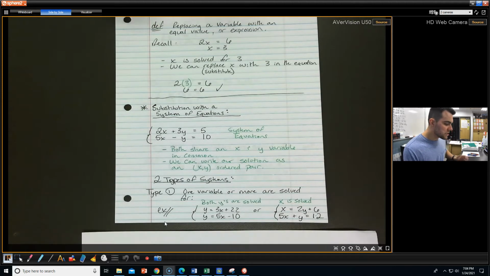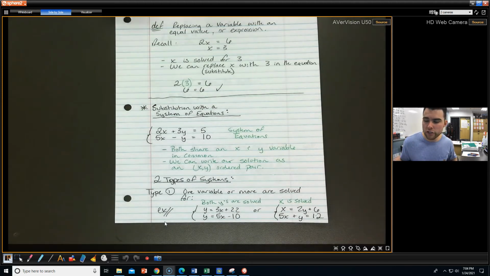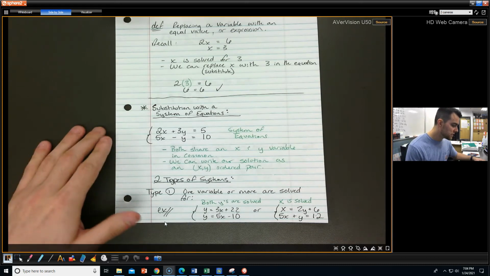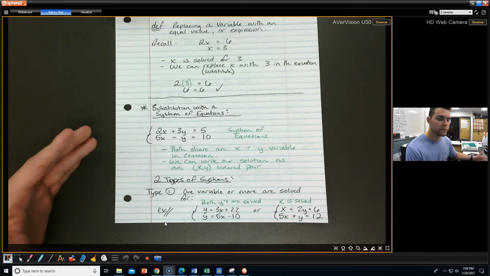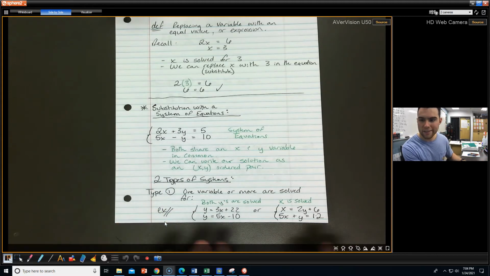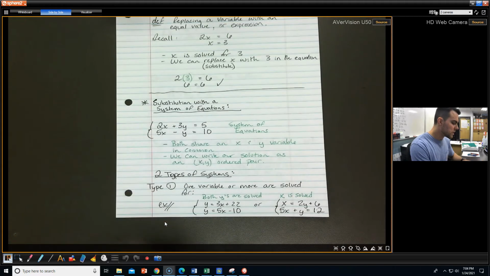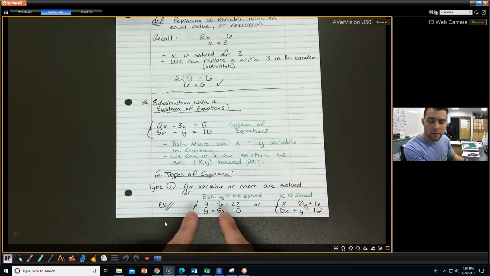There are two types of systems, and we're going to work with the first one for a little bit, okay? Type 1 is when one variable or more are solved for. Here are some examples. We're not going to work these specifically. You might see it where both y's are solved for, so we know that y is equal to both of these.